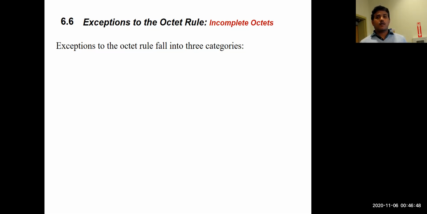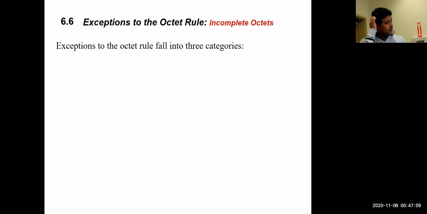Sometimes you have to choose a central atom to make more bonds, even though it is traditionally not known to. Like I said, period 3, 4, 5 elements can make more bonds than expected. And there are other exceptions that we are going to discuss.